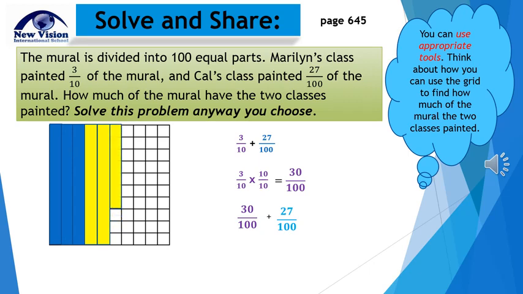So since the denominators are the same, we will just copy the denominator and add the numerators. So 30 plus 27 equals, great, 57. Then copy the denominator, 100. So the answer is 57 over 100. Did you get it? Very good.